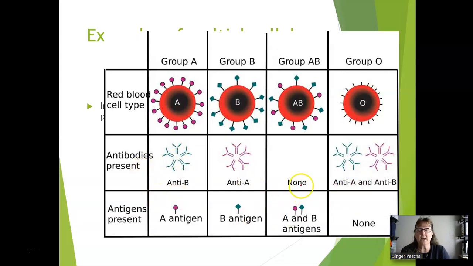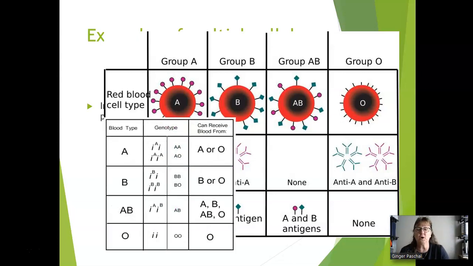Talking about antibodies and antigens, you don't have to have full knowledge of this for the test, but this part you should know. So if you have blood type A, you can have the genotype I superscript A and lowercase i, or I superscript A, I superscript A. So both of these create an A blood type.